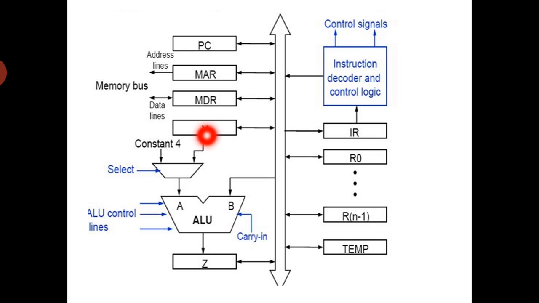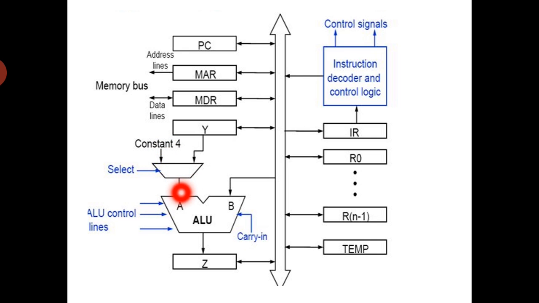For selecting Y, see here, the multiplexer either selects constant 4 or Y. During execution of an instruction, the multiplexer will select the temporary register Y. And during incrementing or updating the program counter with the next instruction address, the multiplexer will select the constant 4.